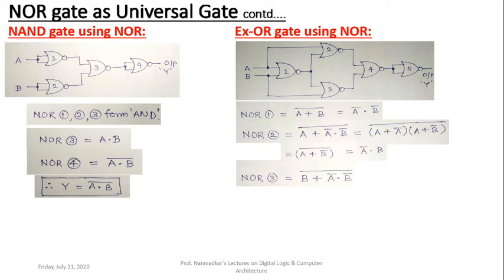So we can write on the right side A bar plus B inside one bracket, inside the second B plus B bar, and then the whole complement.